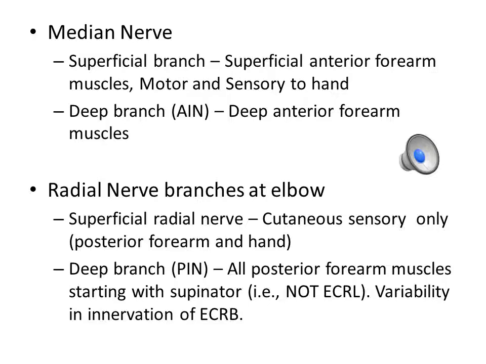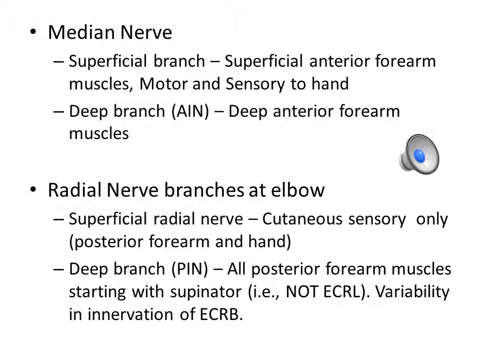If the injury occurred to the deep branch of the median nerve after it split, then the sensory function of the forearm and hand, as well as motor to the hand, would be intact, but the motor function to the anterior deep forearm muscles would be lost.